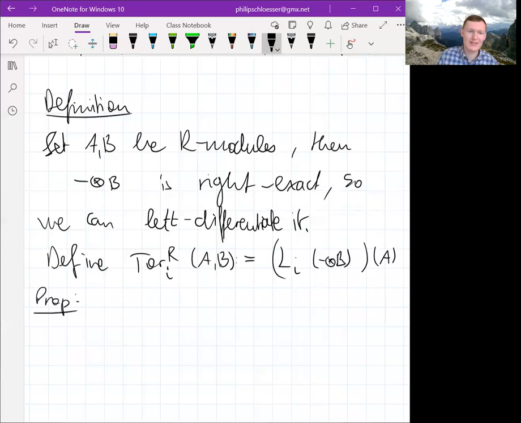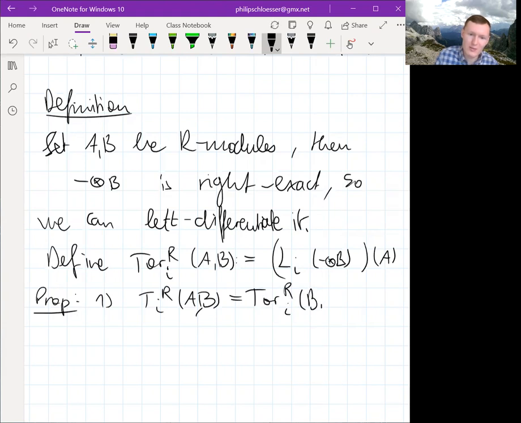The main point is that it sort of measures the amount of torsion that occurs within B. Some properties are that, firstly, it is symmetric, so we can exchange B and A, very importantly if R is a commutative ring.